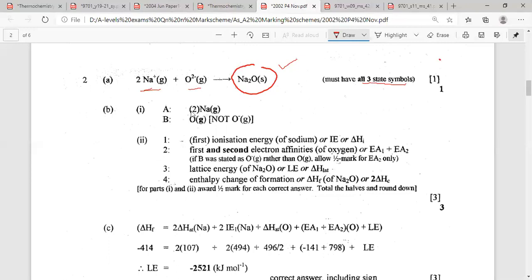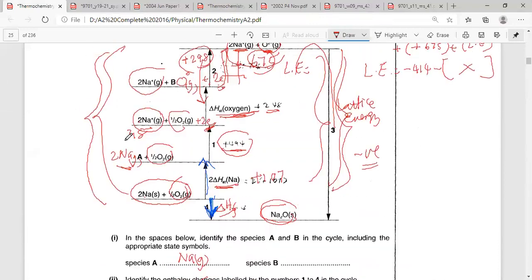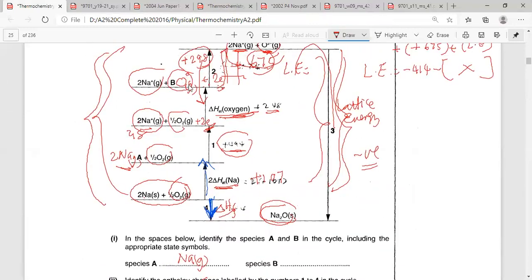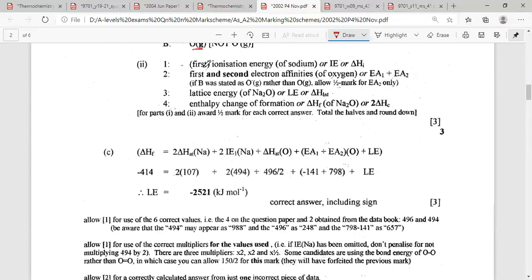The 2 is up to you, but the species is important. B must be O gas, not O minus. It must be the atom. You put minus here, wrong. The first bracket here means it is optional, or you can use IE, optional. First ionization.